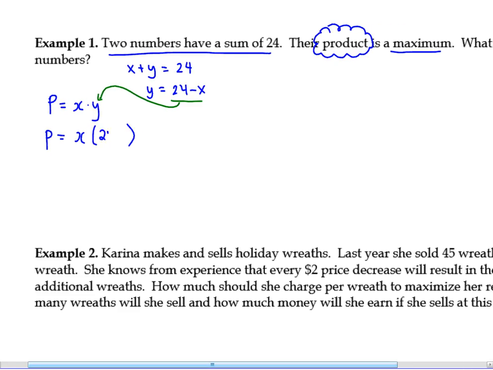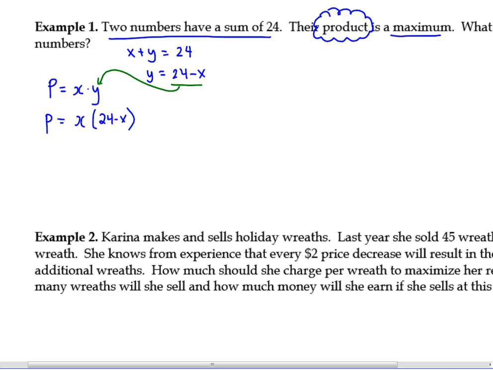Okay, so replacing y with 24 minus x. Now what do I do? Expand the rainbow. 24 times x, so 24x minus x squared.